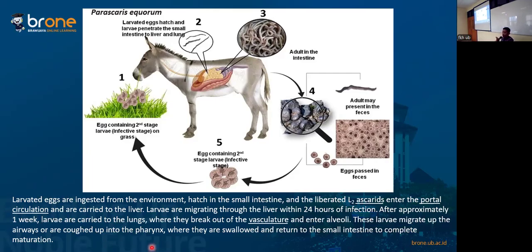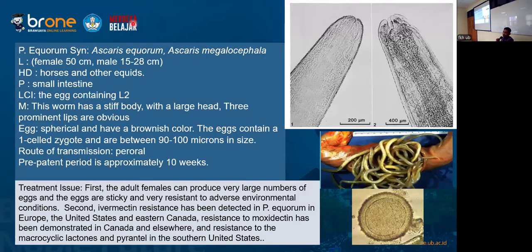You know the difference between larynx and pharynx from last week, right? So they are swallowed and return to the small intestine to complete maturation. This is the route of this larvae within the definitive host. They have a synonym, Ascaris equorum.